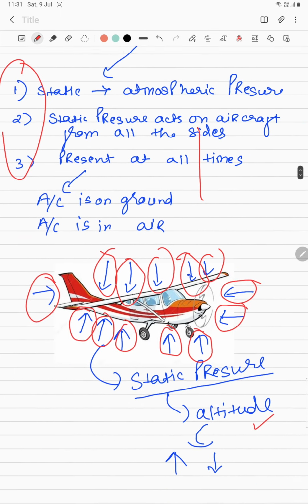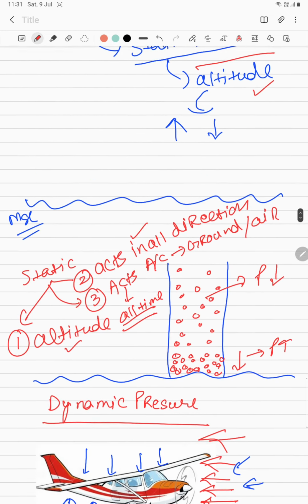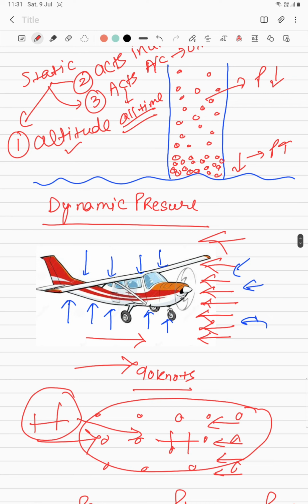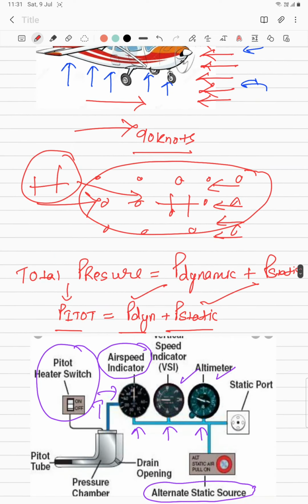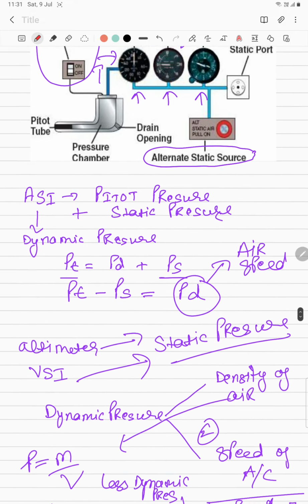What affects the static pressure, which is your altitude? Then what is your dynamic pressure? What properties affect the dynamic pressure? What is your total pressure? Which instrument uses the total pressure, which is your airspeed indicator, and which instruments use your static pressure, which are your altimeter and vertical speed indicator.